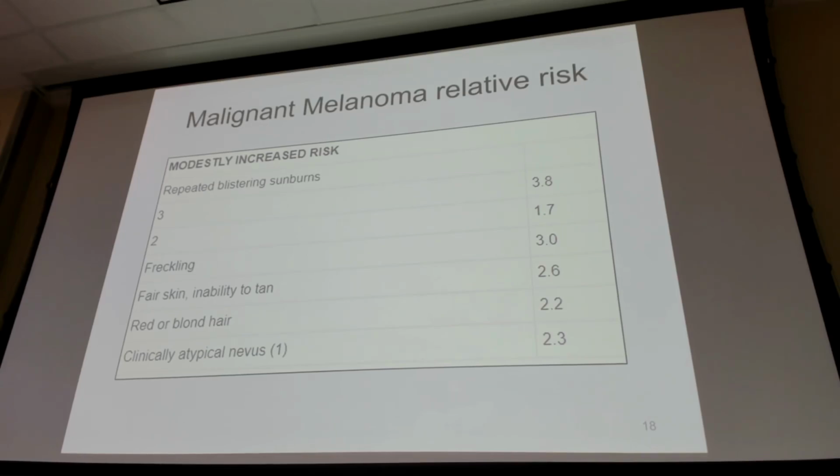Modestly increased risk, again, sunburn wise, if they've had it 3 times, 3.8 to 1.7, and it just goes on to different aspects associated with that individual that increase the risk of them developing malignant melanoma.